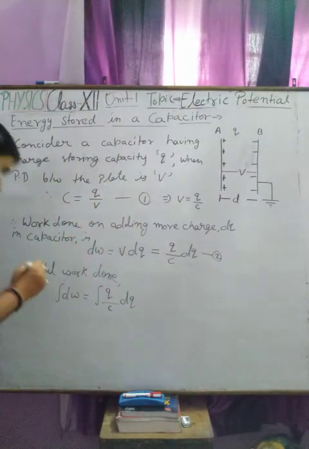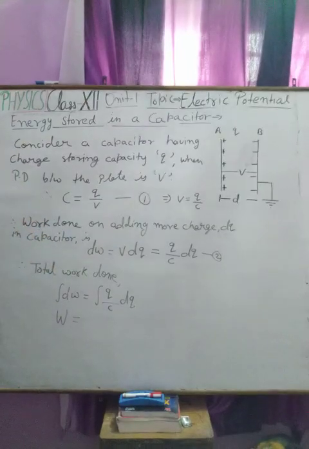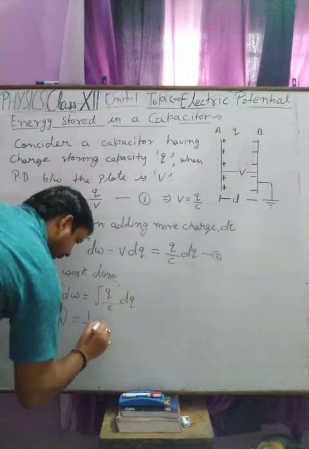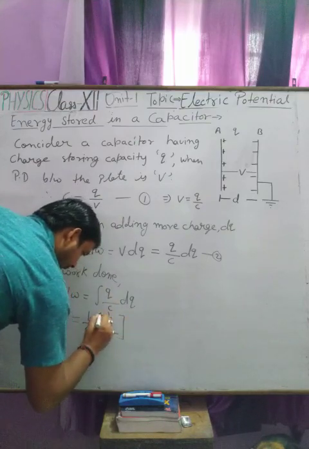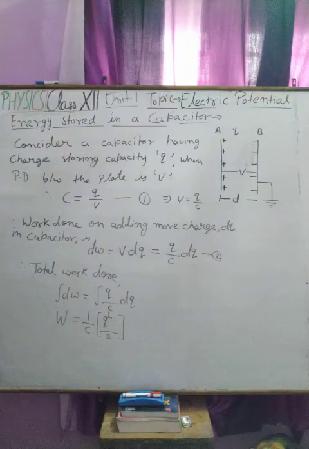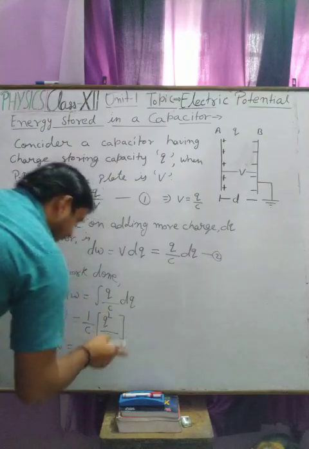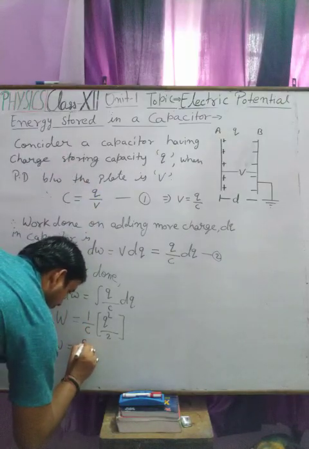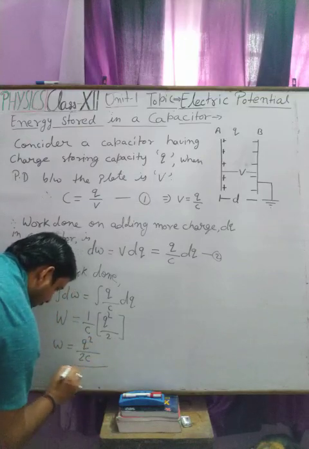Now this dW becomes the total work done, and 1 upon C is a constant, and the integral of Q gives Q square upon 2. This is the total work done to store the charge Q in the capacitor: Q square upon 2C.